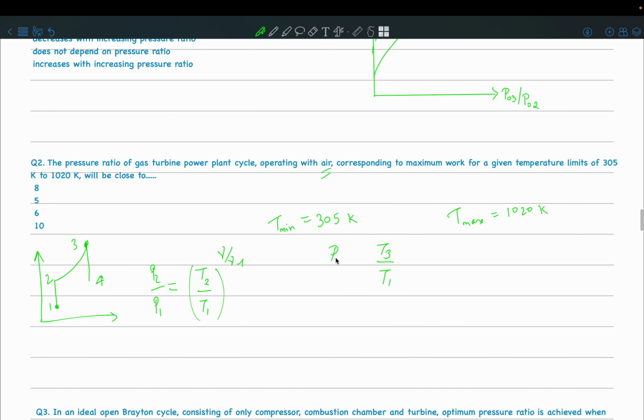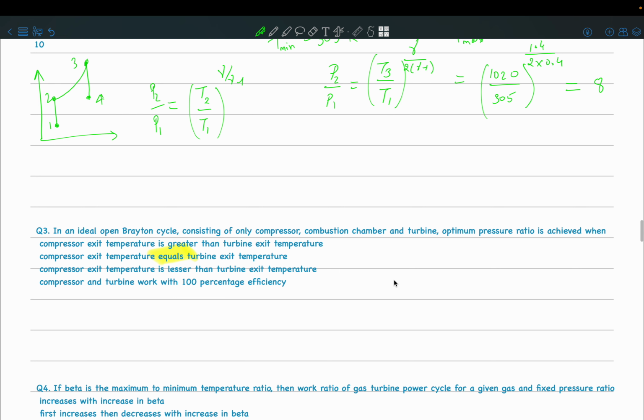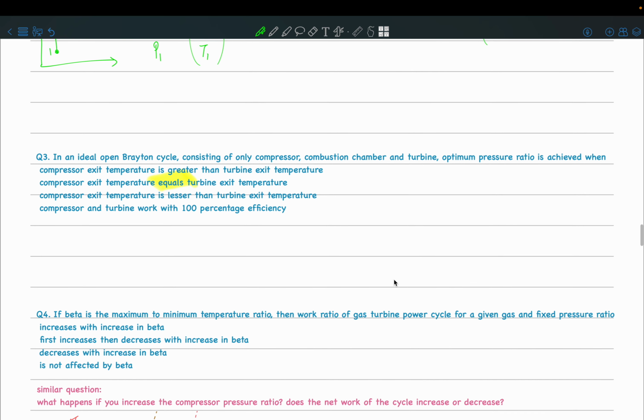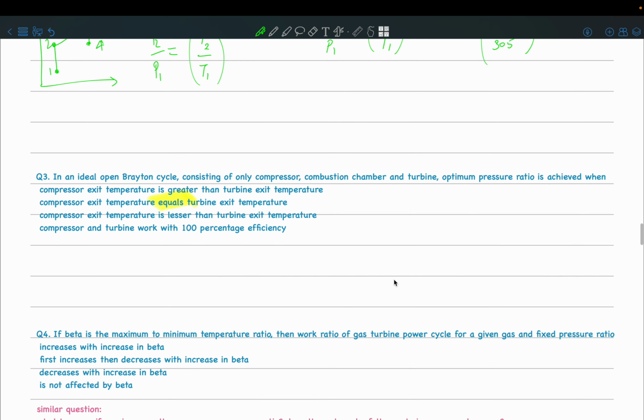Yeah, both should be equal. Okay, why? Right, so the work extracted from the turbine should be equal to the work that the compressor needs.